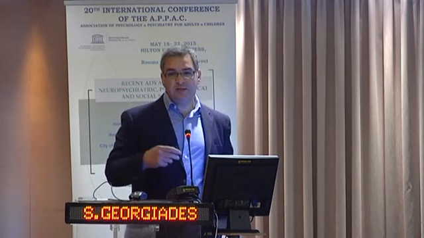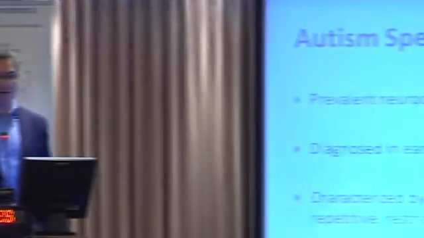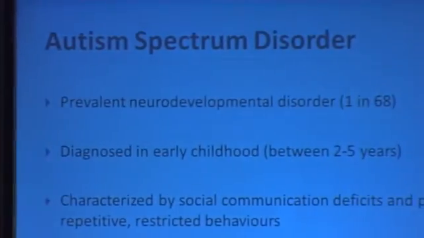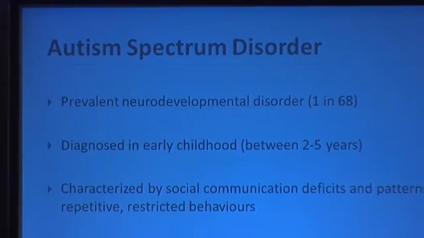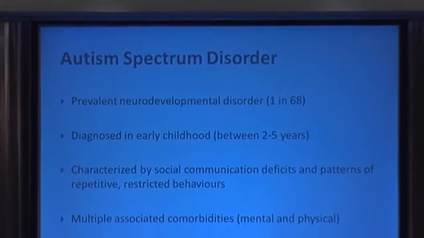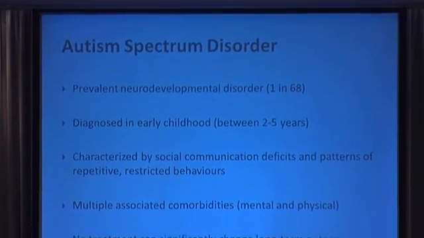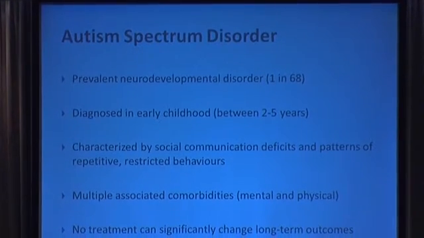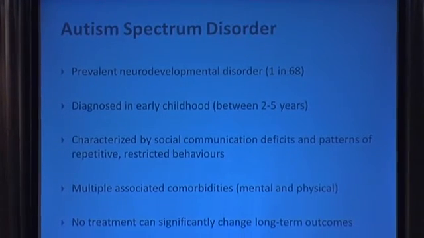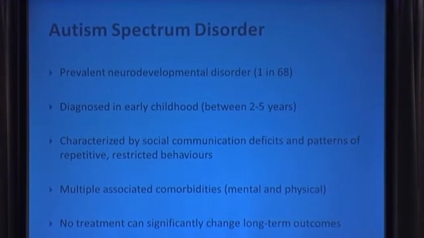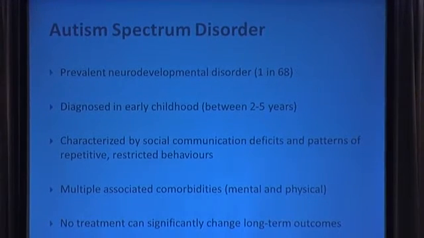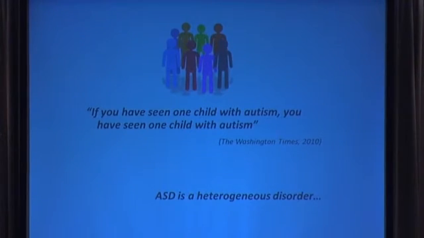We also know that children and individuals with autism have multiple associated comorbidities, both mental and physical. And despite the fact that specific treatments can help with specific symptoms or problem behaviors, I would argue that we still have no major treatment that can significantly change long-term outcomes in autism.